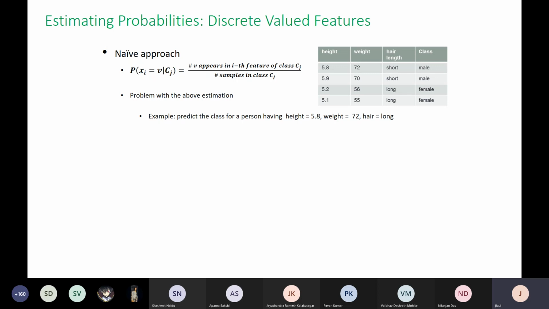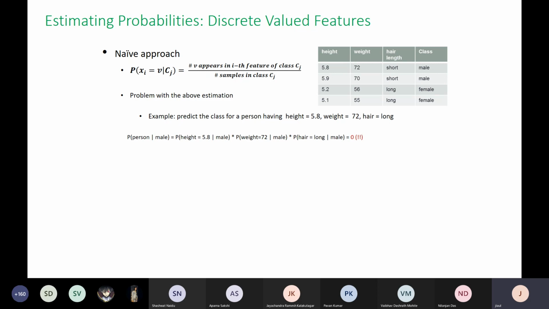Now in this case, height is a continuous valued attribute. Weight 72 you can think of as a continuous valued attribute, but hair is a discrete valued attribute. For this particular example, I am focusing only on the discrete valued attribute. The continuous valued attribute, I will describe in the next slide.